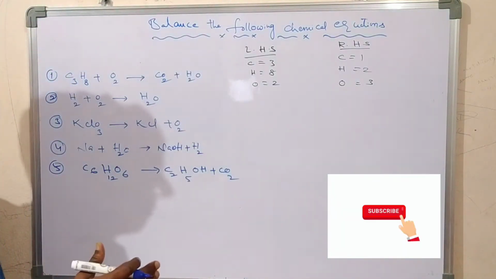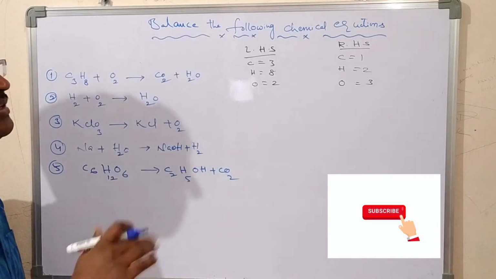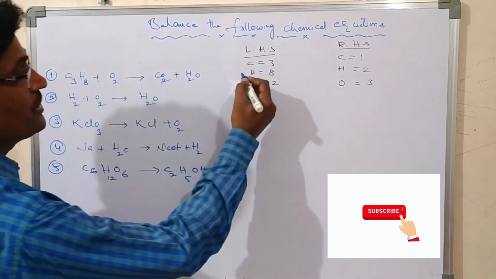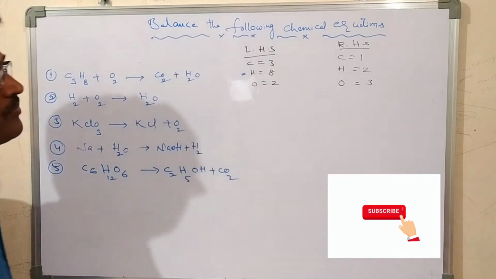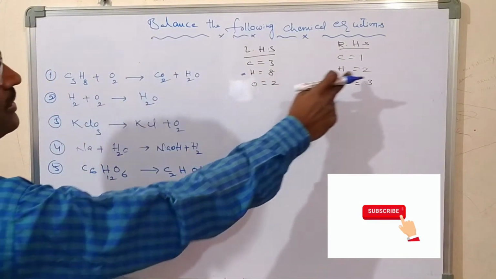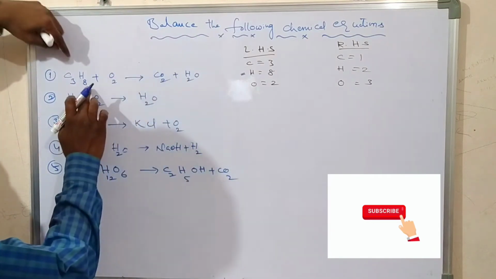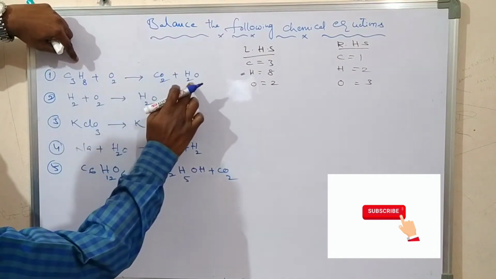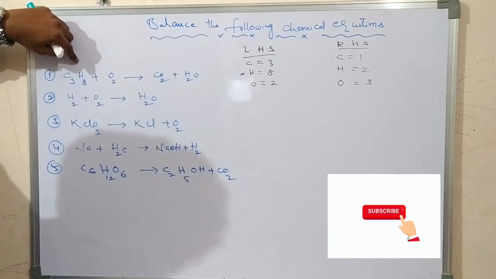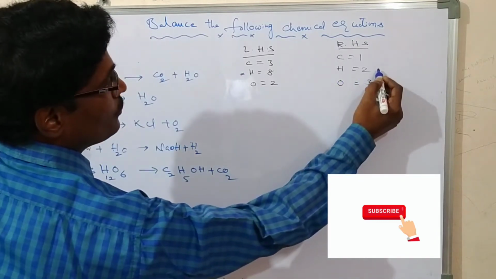First we have to select where the major number difference is. You see the major difference here: hydrogens here 8, and here only 2 hydrogens. To balance it, what do you have to do?